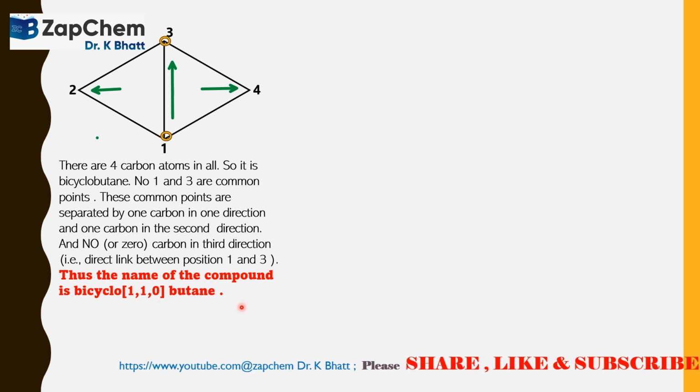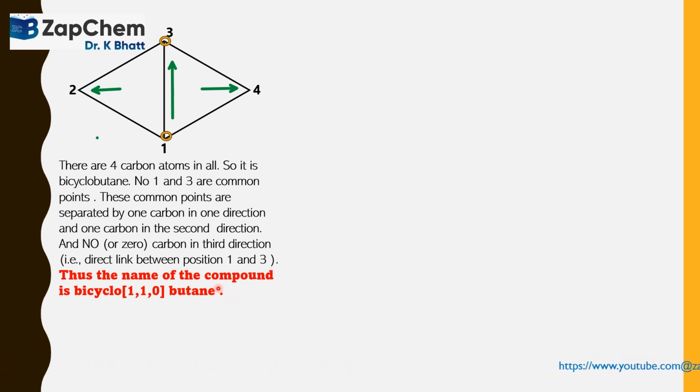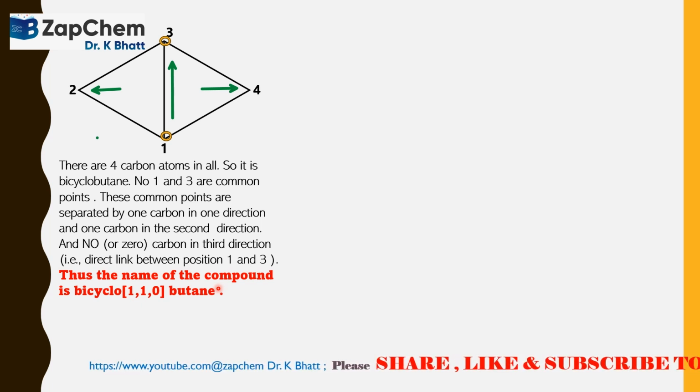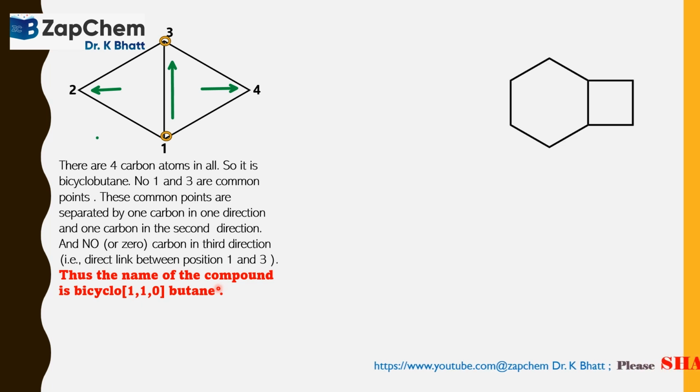Now we shall take up several other practice questions, but we will not enter into detail. Please go through it carefully, see how it is numbered and how the names are made out. So here is the other example.